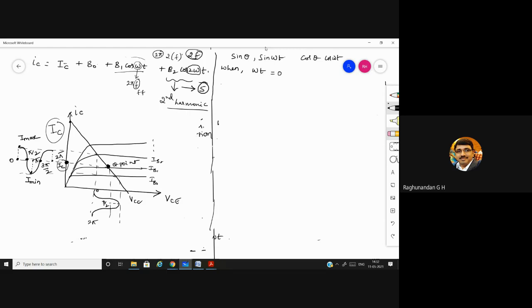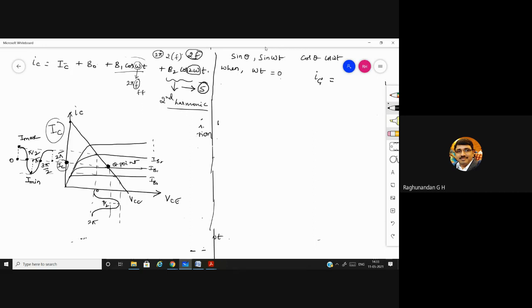Now when omega t is equal to 0, what will be the value of IC? Just look at this point. For the angle you have to see the x-axis.